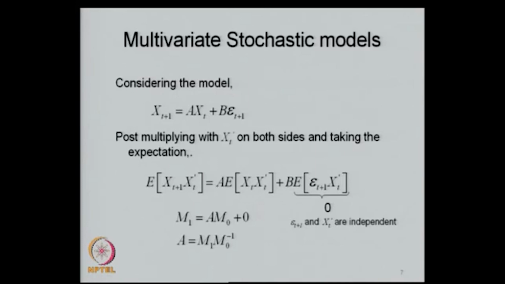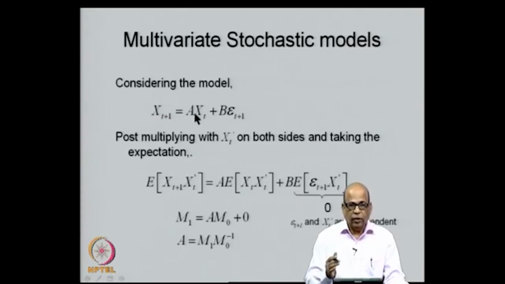Just based on the data, without doing much exercise, you will be able to get the coefficient matrix A. But the coefficient matrix A itself, because it is determined from M naught and M 1, will incorporate the cross correlation structure, because we defined M naught as the cross correlation at lag 0, which is in fact the covariance, and M 1 as the cross correlation at lag 1. So both of these are included in the coefficient matrix A.